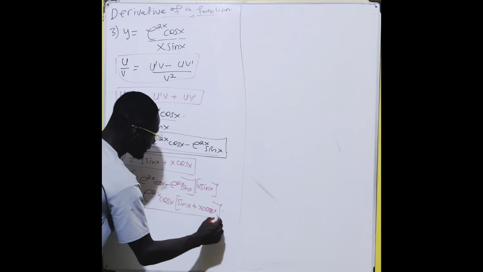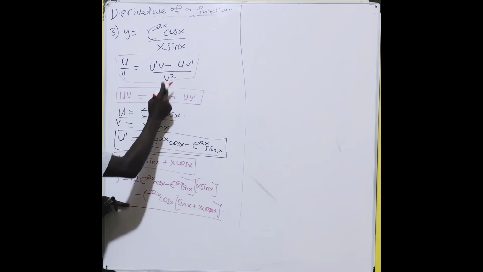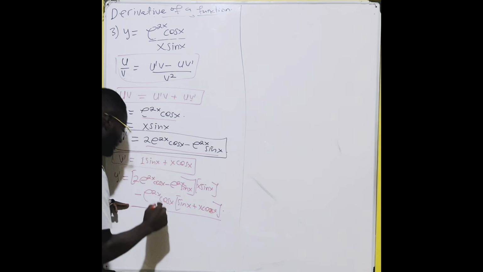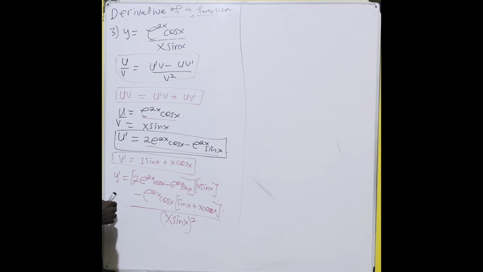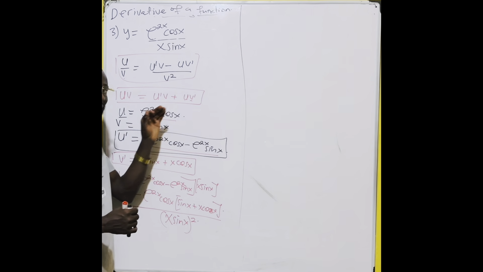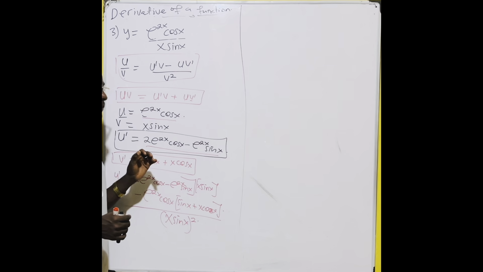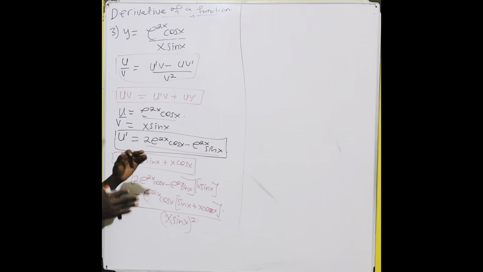Divided by v squared, right? And our v here is x sine x all squared. So you can see that if you first identify your u and your v and you differentiate them one by one, it's going to make the work very easy, right?